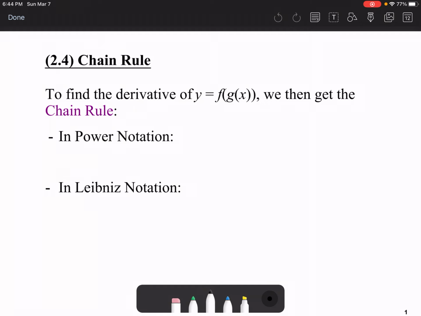So in this case, g of x is inside f of x. To calculate the derivative of such a function, using prime notation, to calculate y prime, you're calculating f prime of g of x, and then you're multiplying by g prime of x.